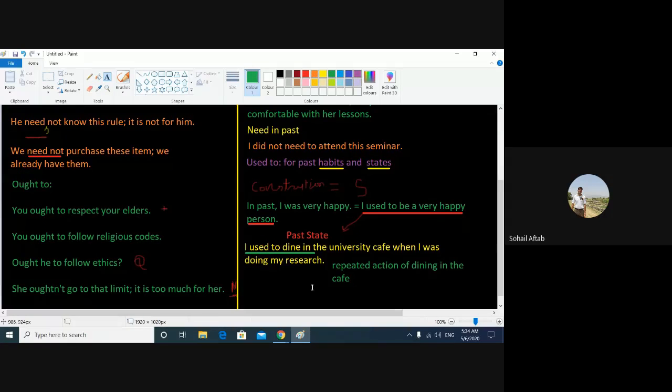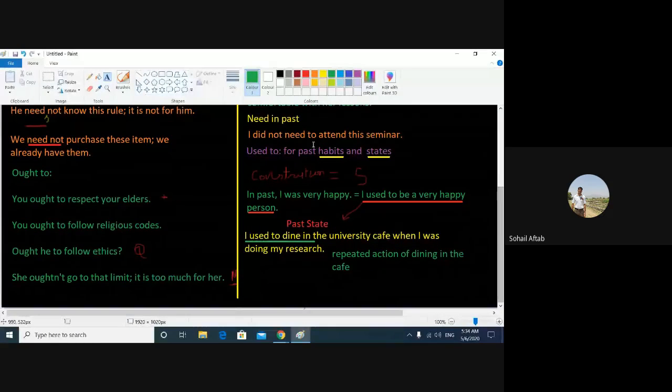A very similar structure, a very similar modal is there, which does half of the job that used to does for us. And that modal is the would structure. Let us understand the would structure before we go ahead and do some part of the lesson.